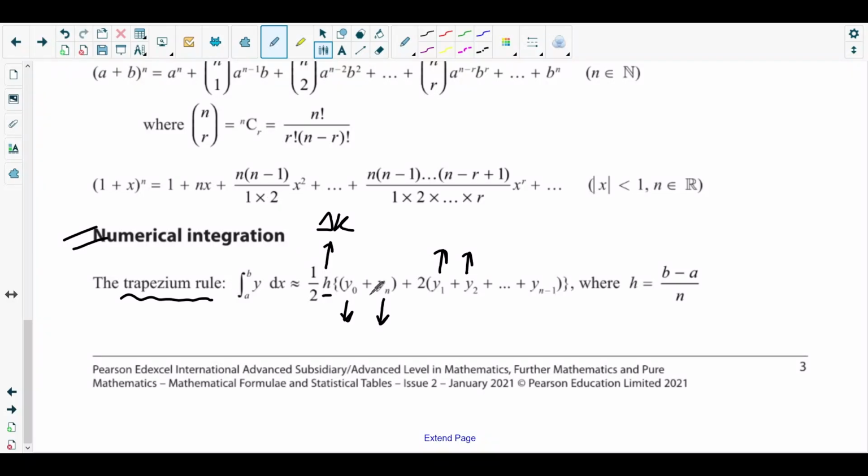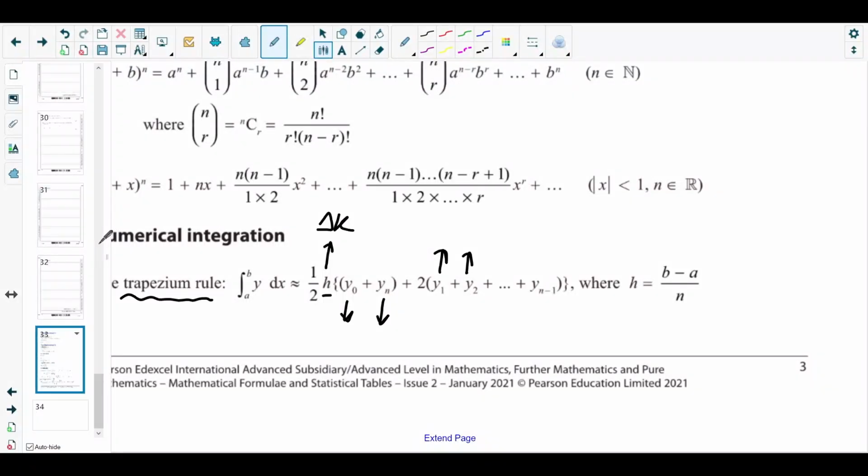So we add the first and last y values separately, and the others are multiplied by 2. That's it.